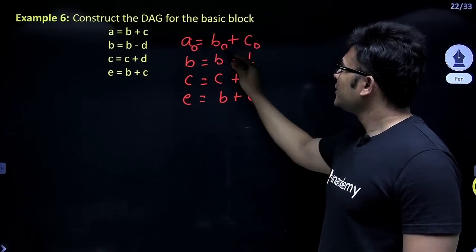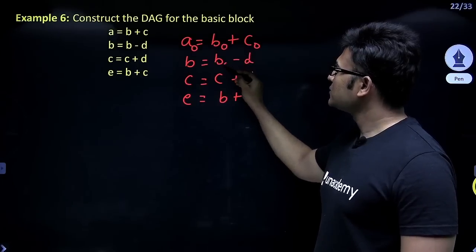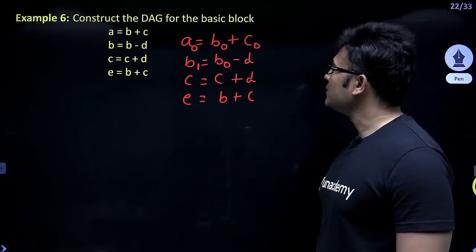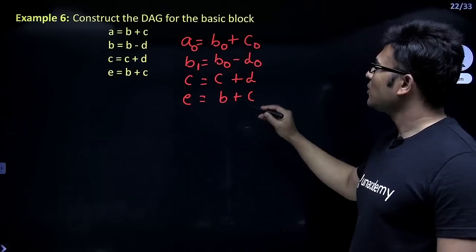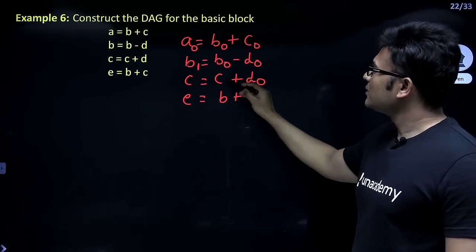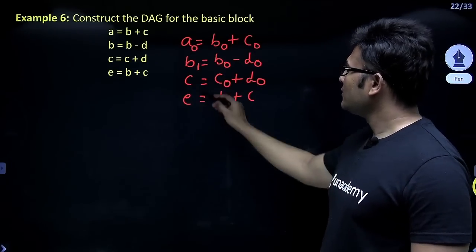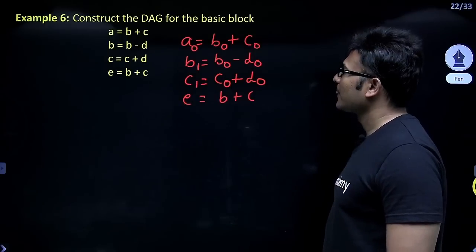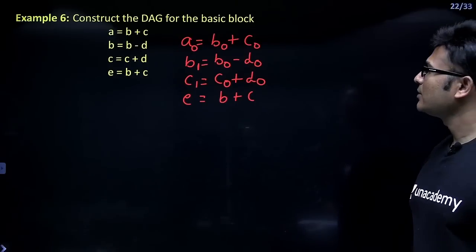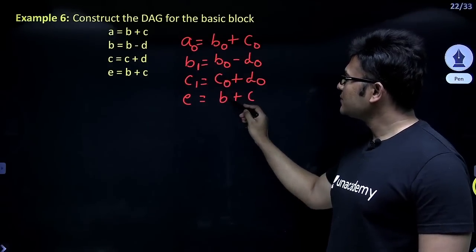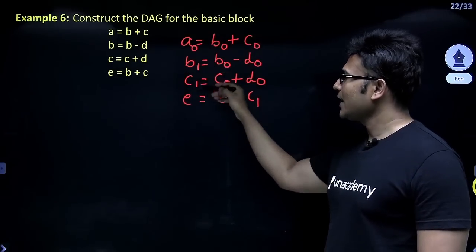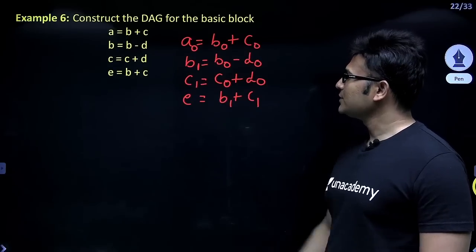Here whatever B is used, its value is from the previous B only, that is why B naught, and here it is changing, that is why I am writing B1, and here it is the first time D naught. Here also C, whatever value is here, the same value, that is why C naught, and here the value of C is changing, that is why C1. And now here it is B1 and C1, because the values of B and C have been changed.